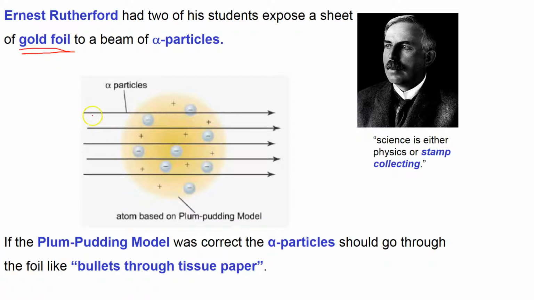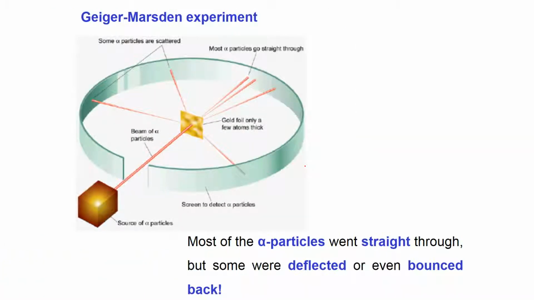If the plum pudding model is correct, where we have an approximately even distribution of matter across the whole atom, these alpha particles, according to his calculations, should go straight through, completely undeflected. So this was his setup. It's called the Geiger-Marsden experiment.